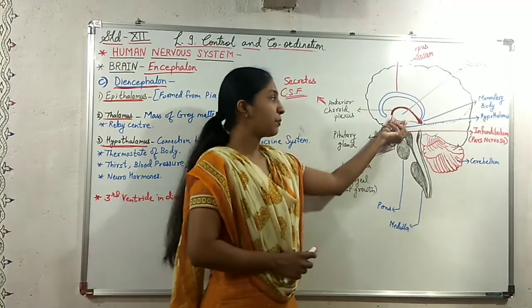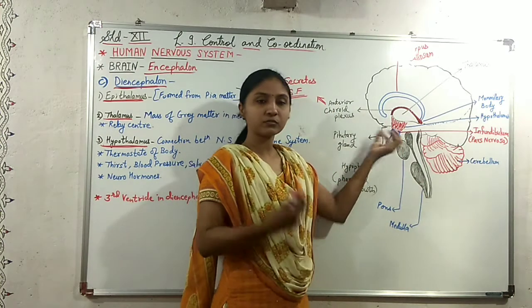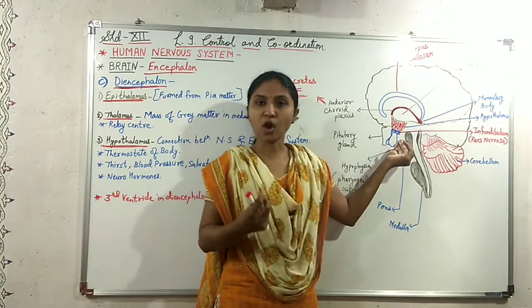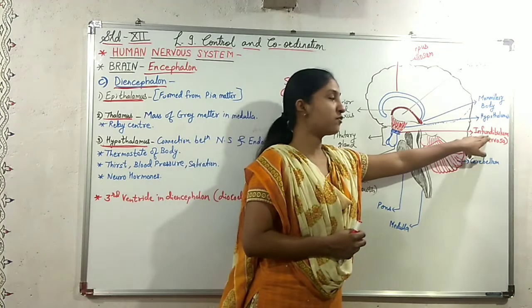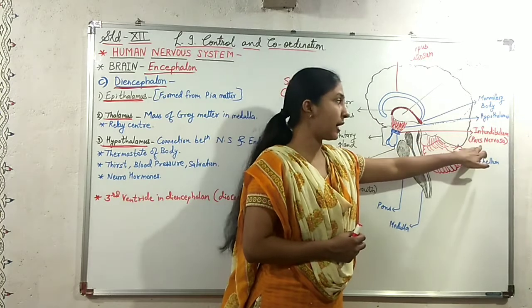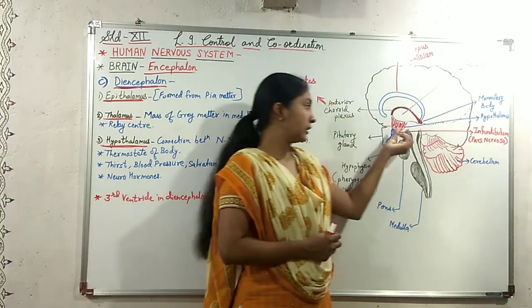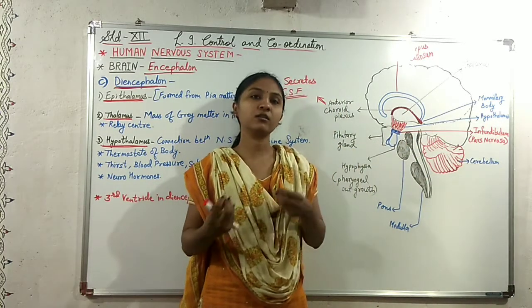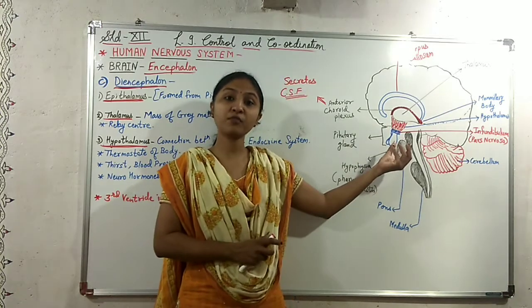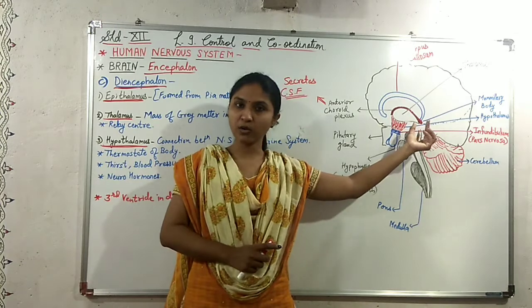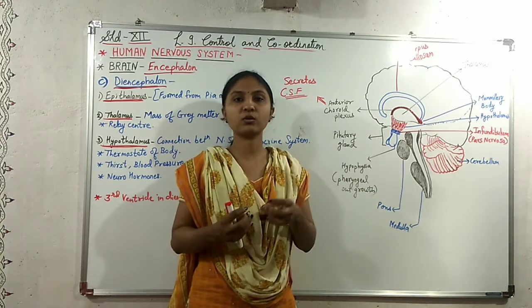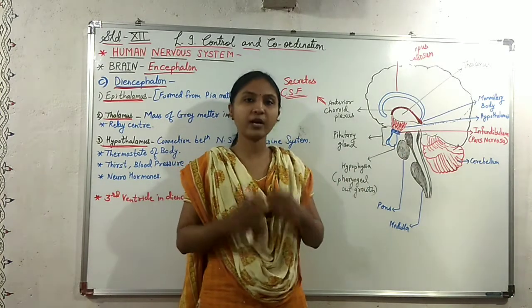So this hypothalamus further turns into a stalk-like structure. That stalk-like structure is called the infundibulum or pars nervosa. This infundibulum is nervous in origin. It is made up of neurons. Whereas the epithalamus that we talked about is not made up of neurons.